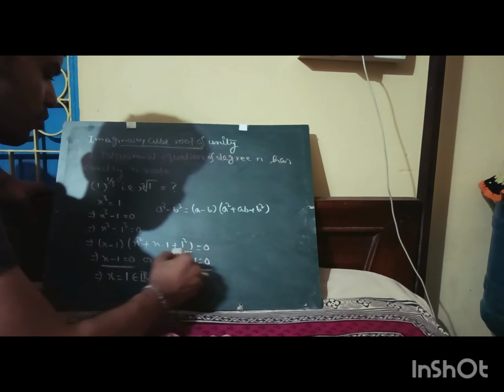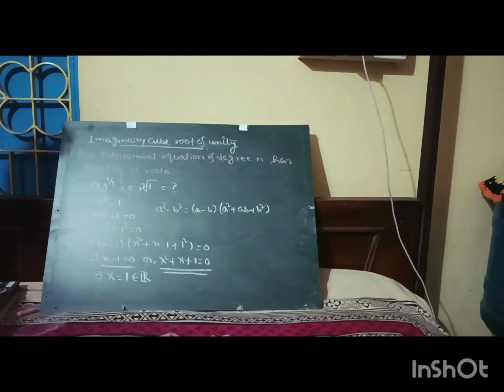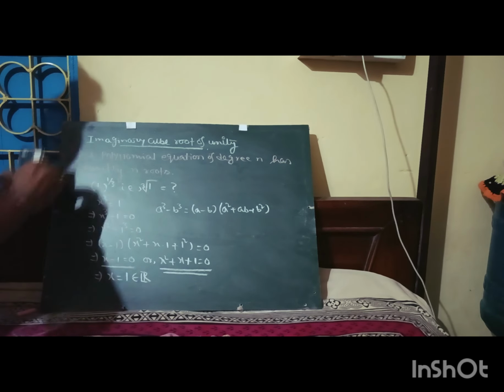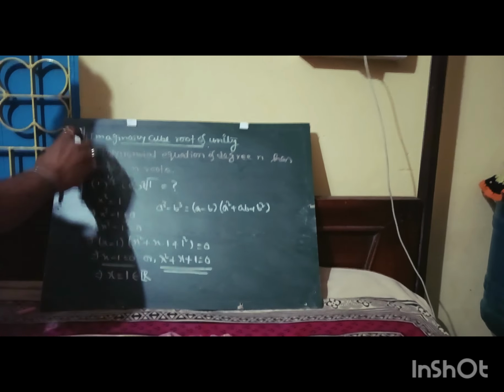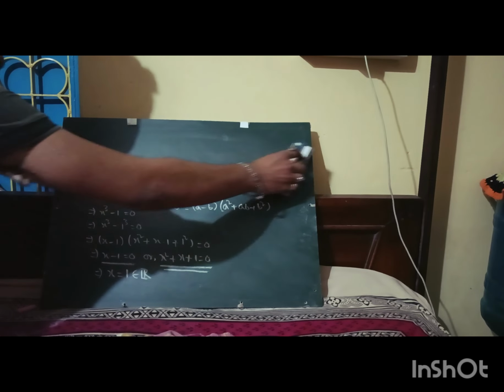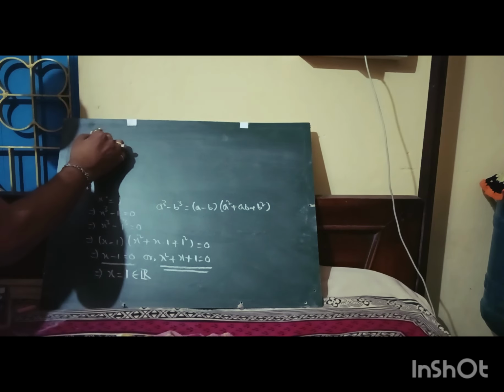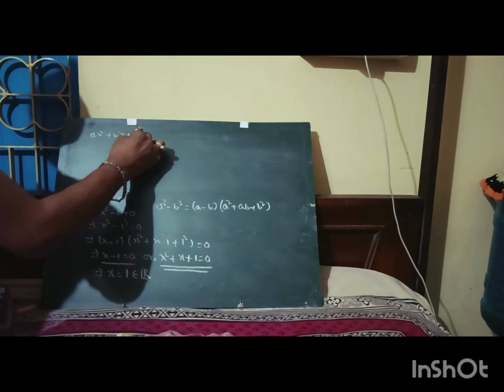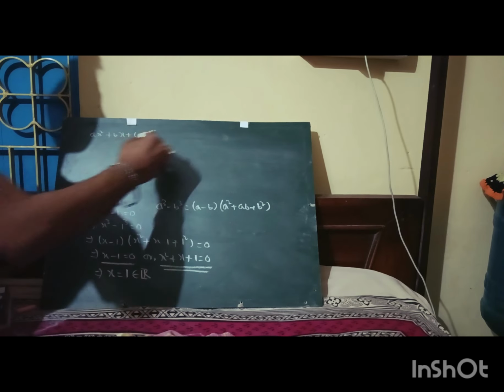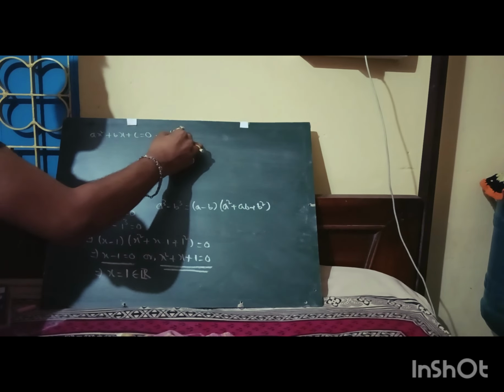Now it is a quadratic equation. We cannot solve it by factorization. So we solve it by the Sridhar Acharya formula, known as the quadratic law. Now we write the quadratic law. Ax square plus bx plus c equal to 0 is the general quadratic equation where a is not equal to 0.